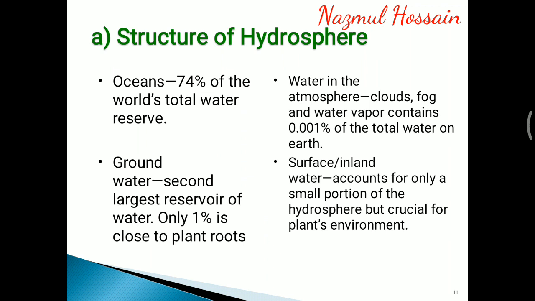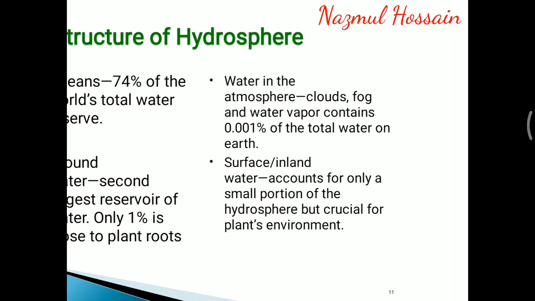Water in the atmosphere, clouds, fog, and water vapor contains 0.01% of the total water on the earth. Surface or inland waters account for only a small portion of the hydrosphere but are crucial for the plant environment.